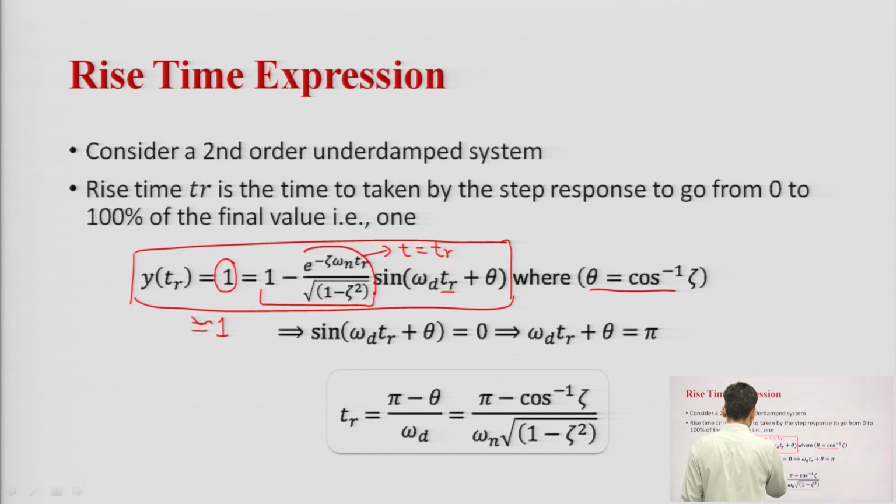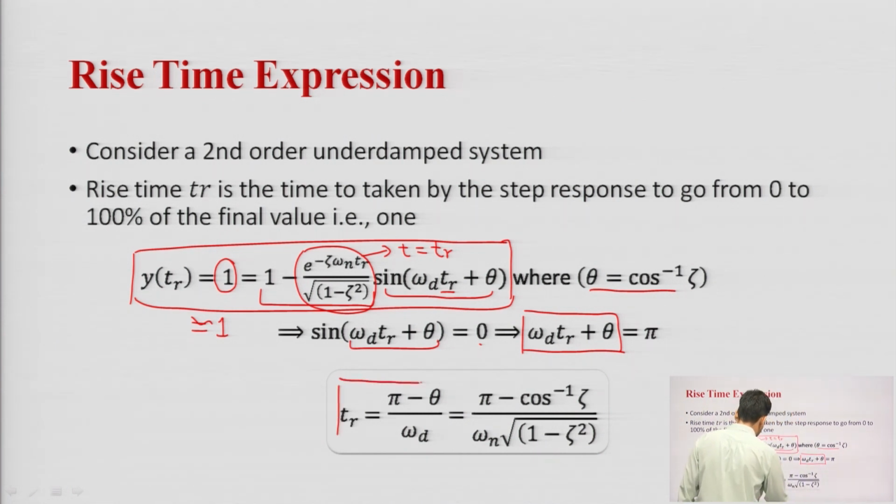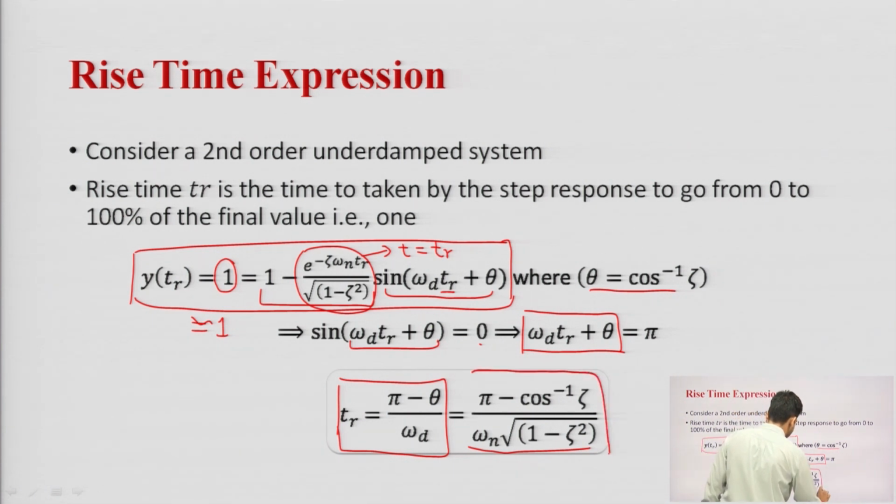This exponential term is not going to 0 here, but the sine term may go to 0 for certain values of pi. It means if this angle is pi, then this term would be equal to 0. So, omega_d t_r plus theta equals pi. From this expression, rise time is equal to pi minus theta over omega_d, where omega_d is omega_n square root of 1 minus zeta square and theta is cos inverse zeta. So, this is the expression for rise time.